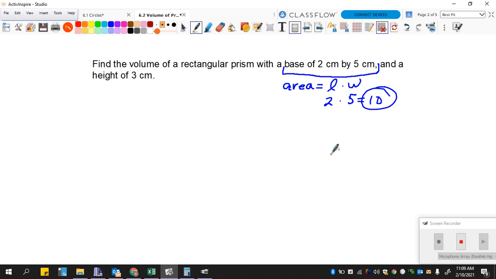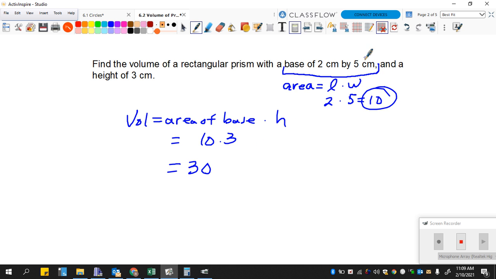Then the volume is equal to the area of the base times the height. So the area of the base, 10, times 3 gives us 30 cubic centimeters, or centimeters to the third power.